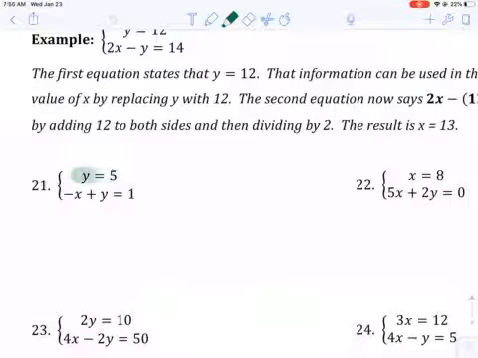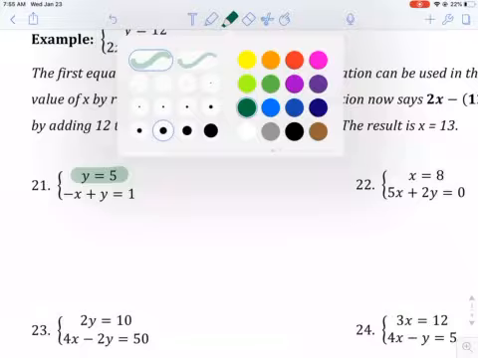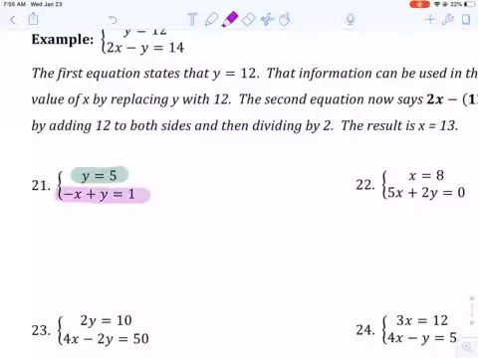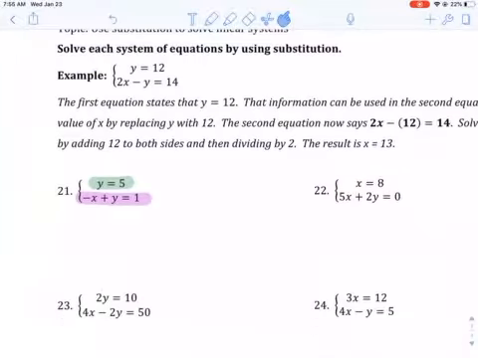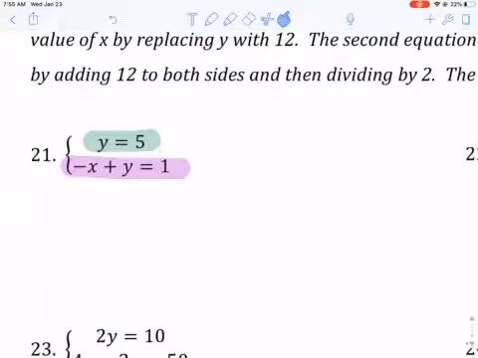Now you notice we start out with y equals 5, and then we also have negative x plus y. Now using substitution, your goal is that you want to have a variable isolated in one of your equations. Luckily we already have that here with y equals 5. Now to solve using substitution, you're going to use the value that is given here and substitute it into the other equation.